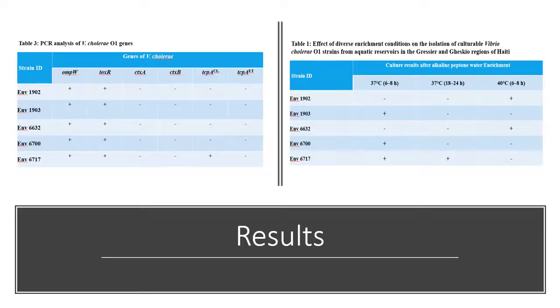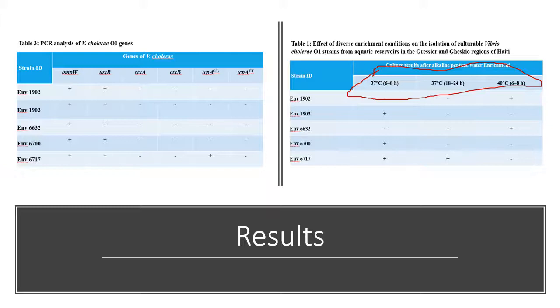So to begin with the results, the first one I want to show is the table on the right, Table 1, which is the effects of diverse enrichment conditions on the isolation of culturable Vibrio cholerae O1 strains when we isolated them from the Gressier and Gresca regions of Haiti. The main takeaway message from this is in the top right corner, which I'm going to circle with the pen here: we proposed 3 different conditions for culturing our cells.